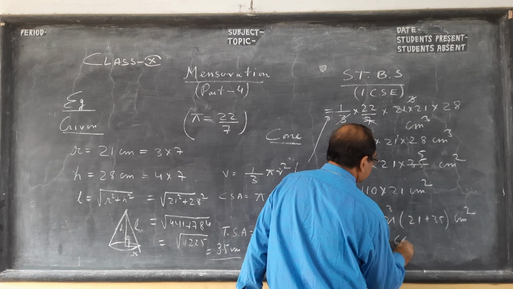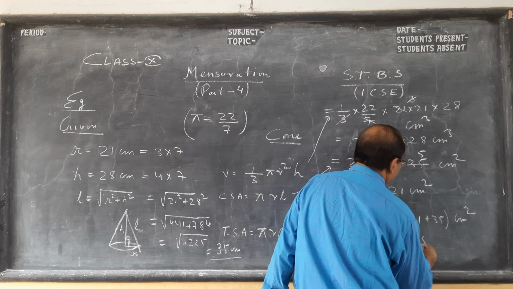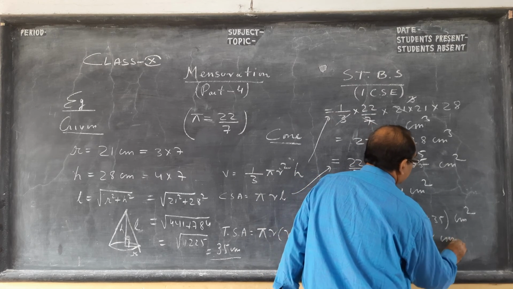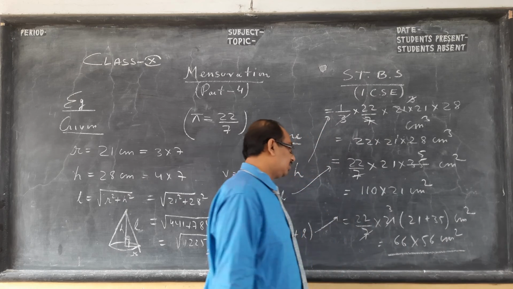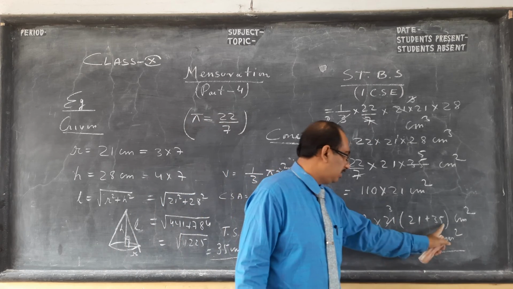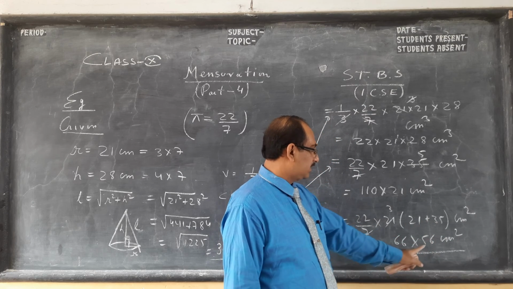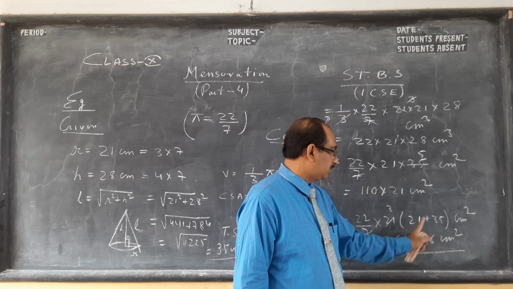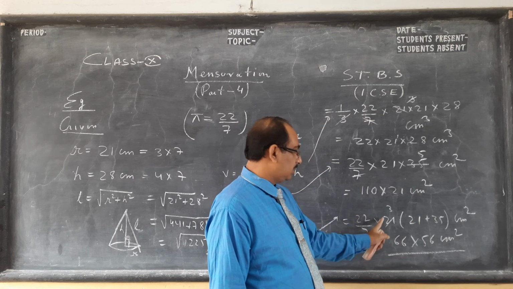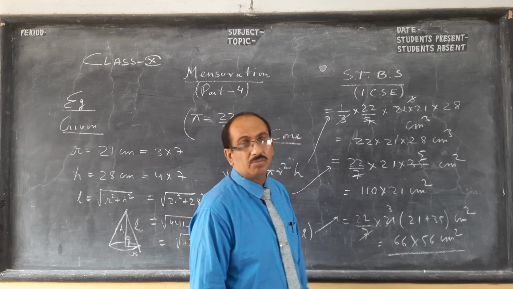We get 66 into 35, which is 2310 centimeter square, children. This is the total surface area, pi r into r plus L. So this is 35, add 21, you get 56. 1 plus 5 is 6, 2 plus 3 is 5. This 3 side goes, so 22 3s are 66. So kindly you can multiply and get.